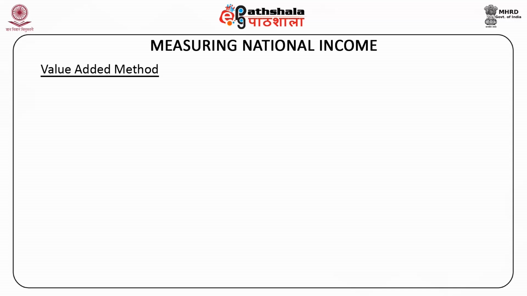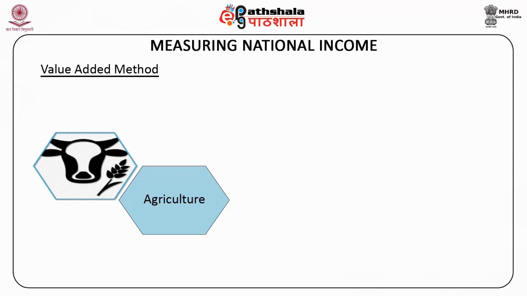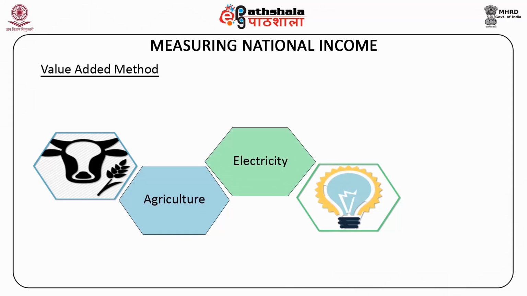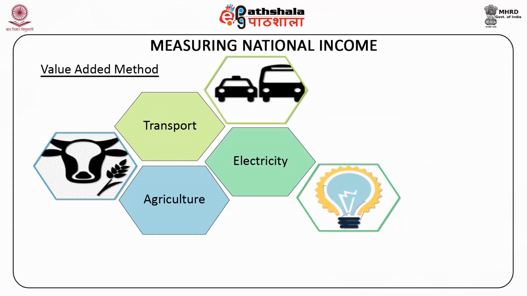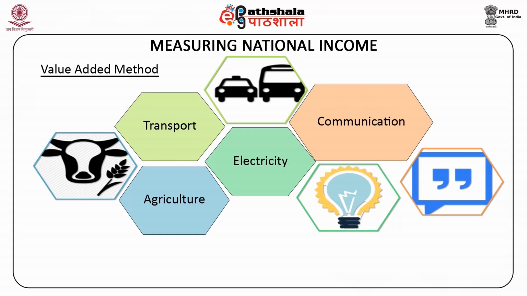We know that every economy is classified into few broad sectors like agriculture and allied activities, manufacturing, electricity, gas, water supply, construction, and services like trade, hotels, transport and communication, insurance, and other business services. The value added in each sector is summed to arrive at the GDP figures.